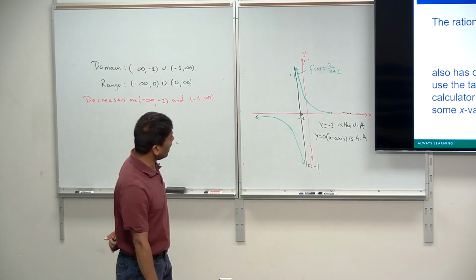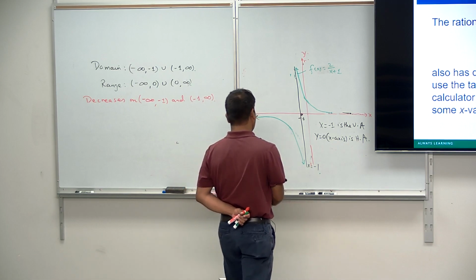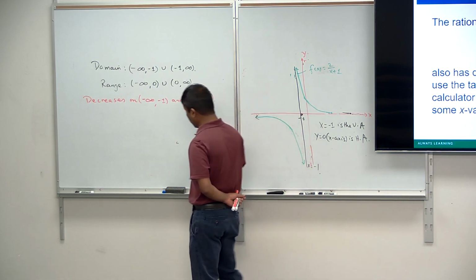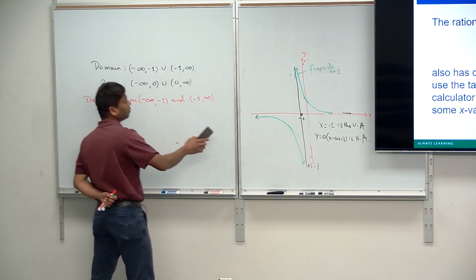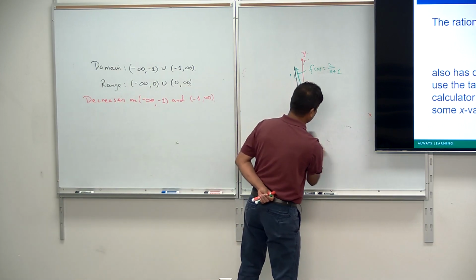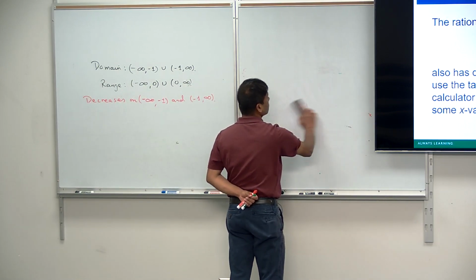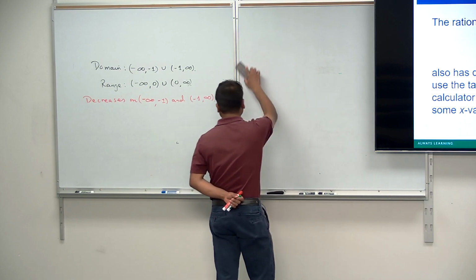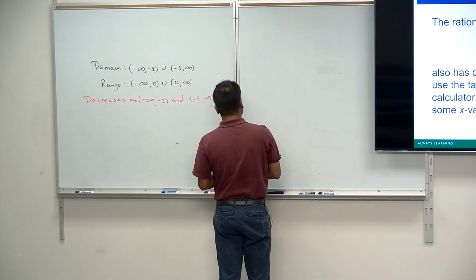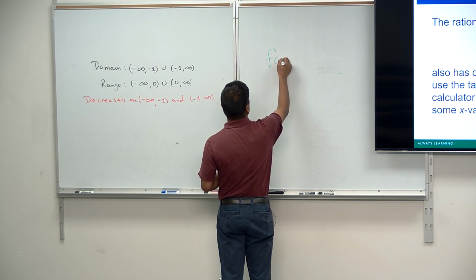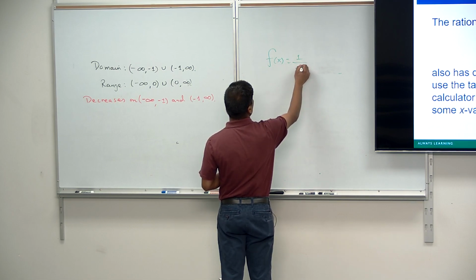And now the next one is f(x) equal to 1 over x squared.